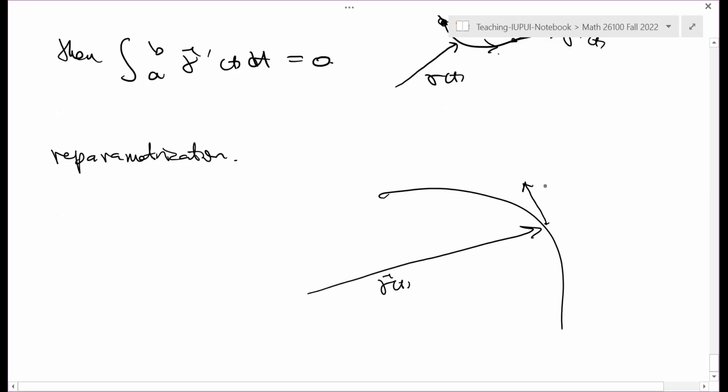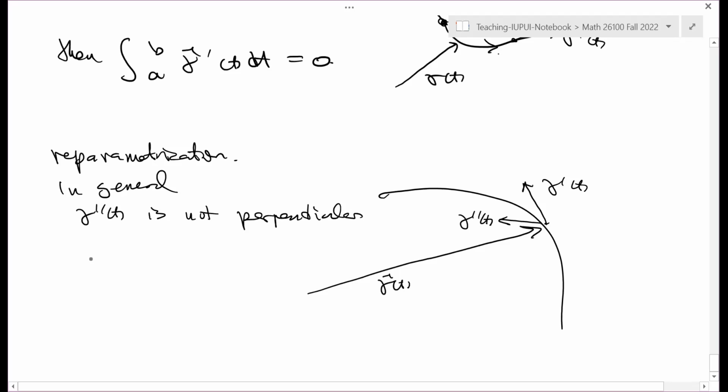You have a curve with tangent T, and maybe this other vector, the second derivative, but this angle is not necessarily the right angle. Okay, in general, the second derivative is not perpendicular to gamma prime, unless it has constant speed, right?